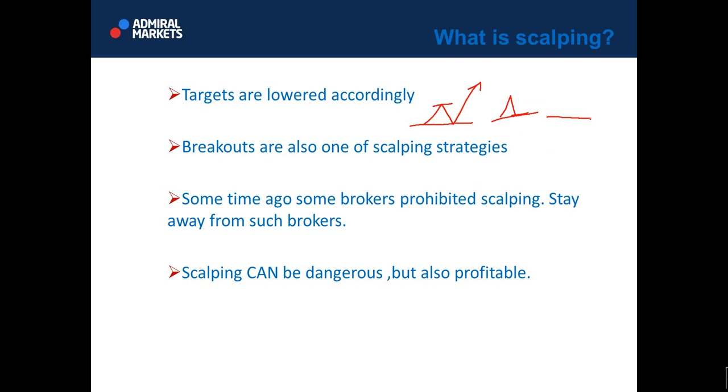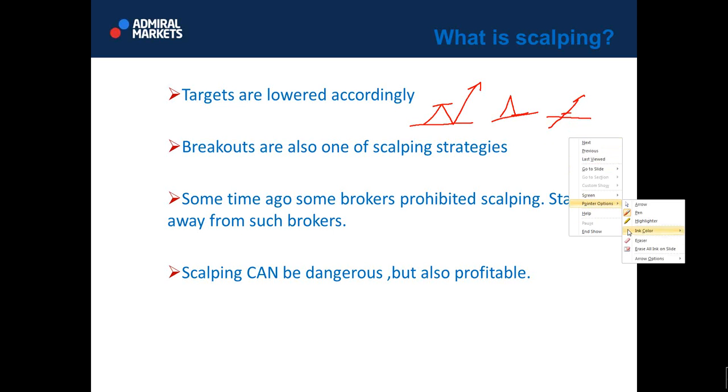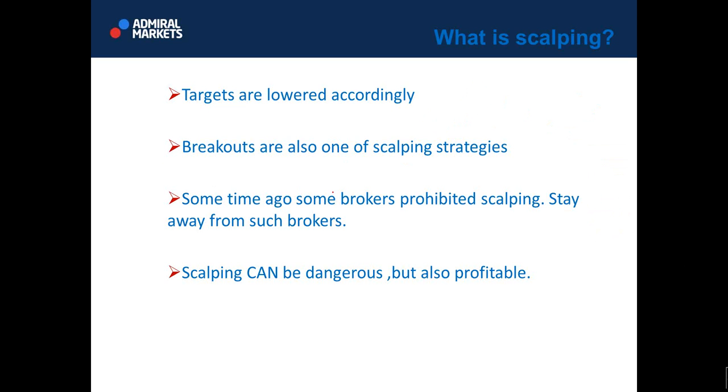And there are standard trigger happy trades. Basically, at the first breakout, after 1 or 2 pips, you initiate the trade. Usually breakouts are one of the scalping strategies. Scalping is, as its name says, scalping.